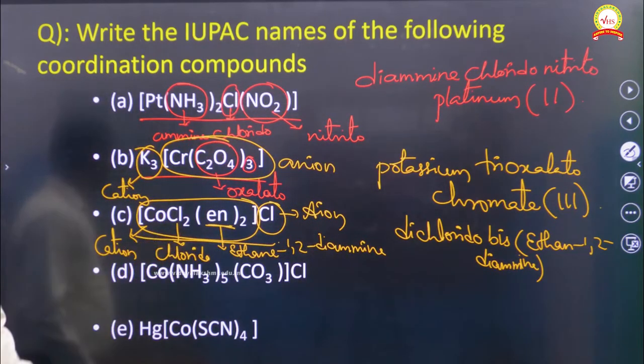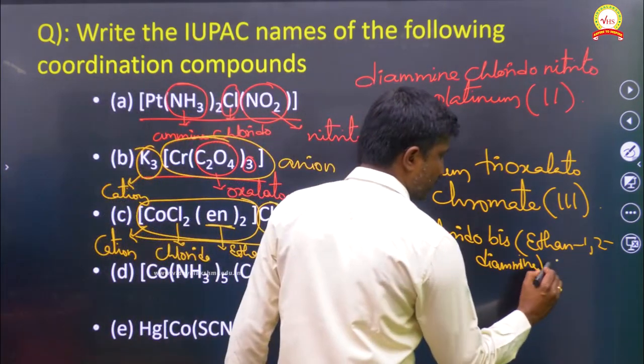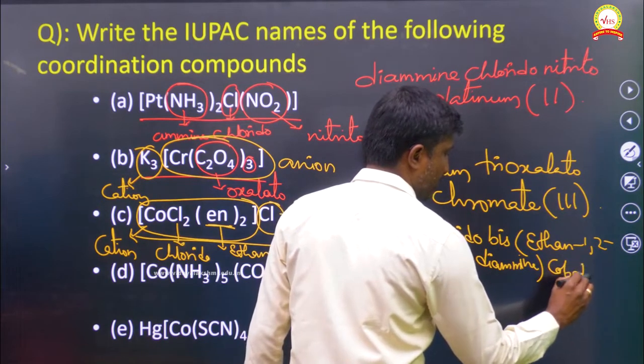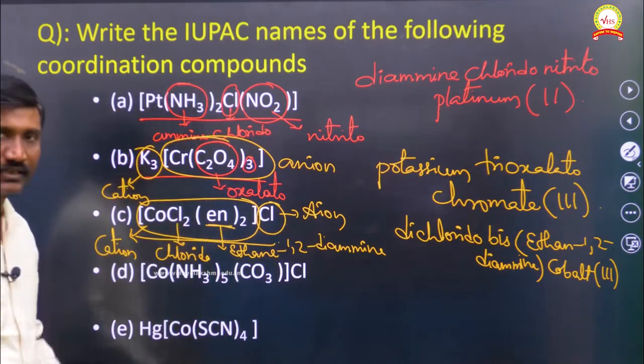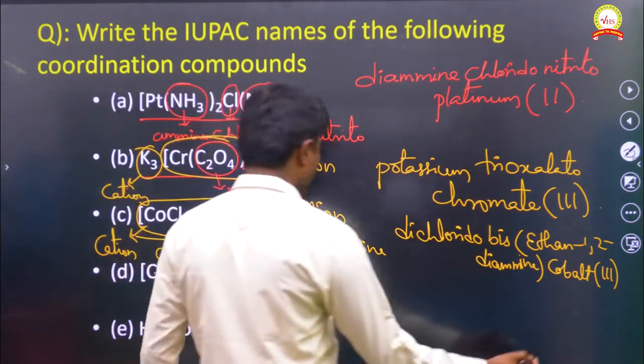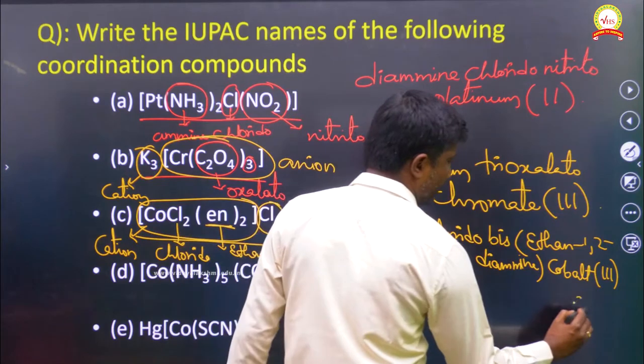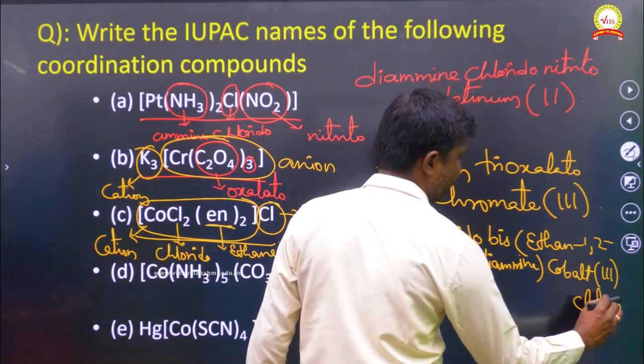After that the metal atom name, positive sphere, so cobalt, and the oxidation state is 3. And after that we write the counter ion name, that is chloride.